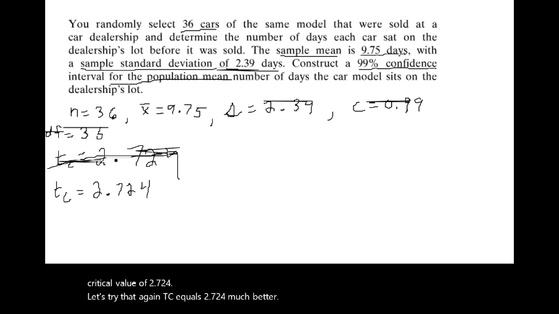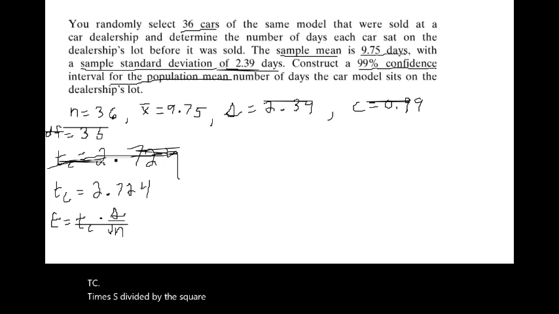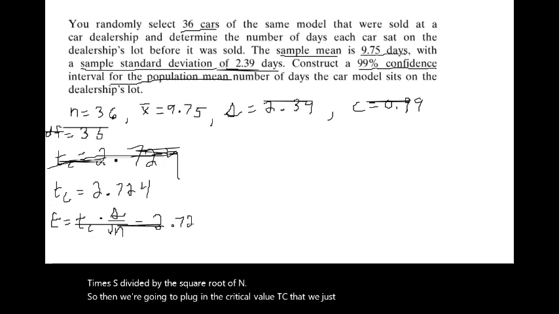So now that we have our tc, we're going to find our margin of error. Because we do not know sigma, we're going to use the margin of error formula E equals tc times s divided by the square root of n. So we're going to plug in the critical value tc that we just found, 2.724.